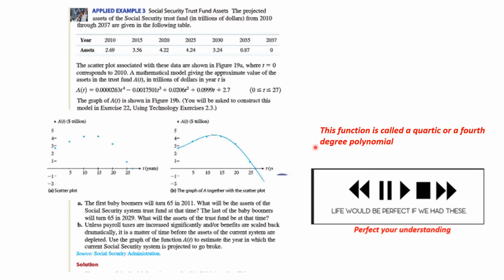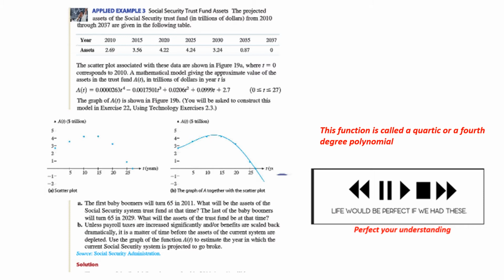This function is called a quartic or a fourth degree polynomial, and you're to use this model from 0 to 27 to answer these questions. And the source of this information is from the government, the Social Security Administration. You know what to do.